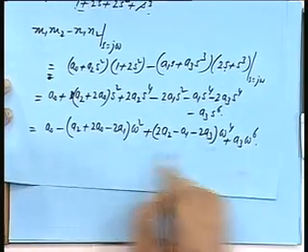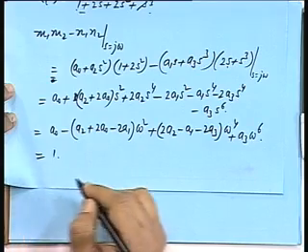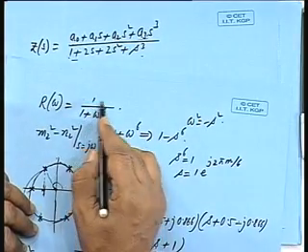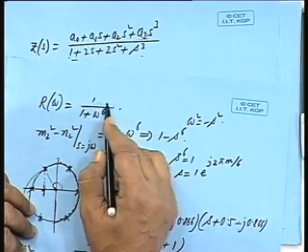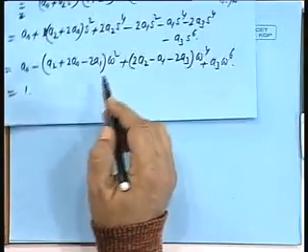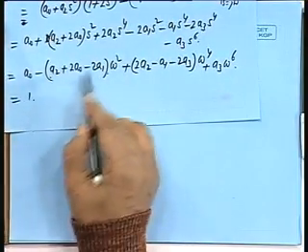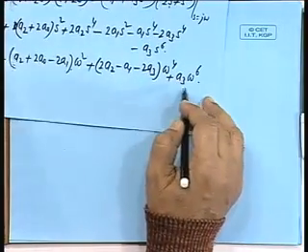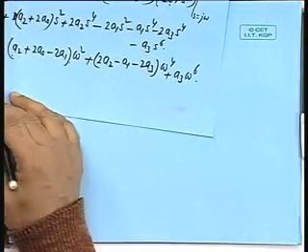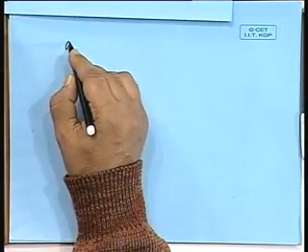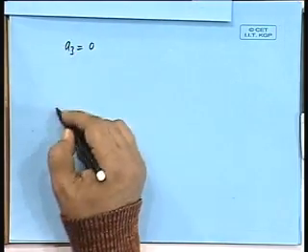And that was equal to 1. Numerator was given as 1, omega square coefficient is 0, omega to the power 4 is 0, omega to the power 6 is 0. So we will equate each of these coefficients. Coefficient wise, last one is omega to the power 6, a3. What is the coefficient here? It is 0. All right, so a3 is 0.